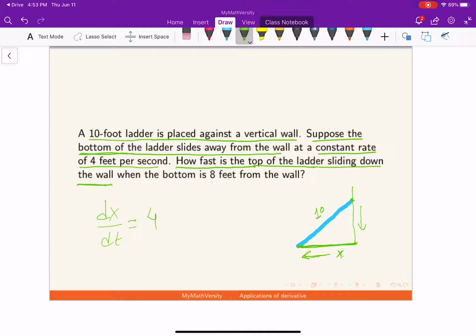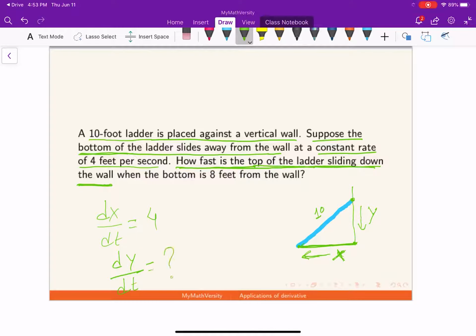So how can we write down that information in a mathematical form? Like what we have done at the bottom, if that was x, the derivative of x with respect to t is 4. In a similar way, if we assume the distance from the top of the ladder all the way down to the bottom of the wall is y, then our goal, how fast the top of the ladder is sliding down the wall, means what is the derivative of y with respect to t?